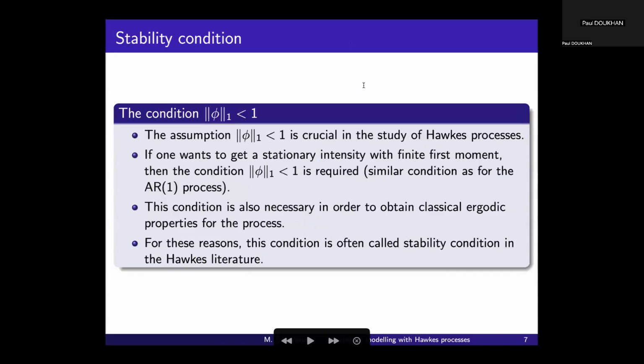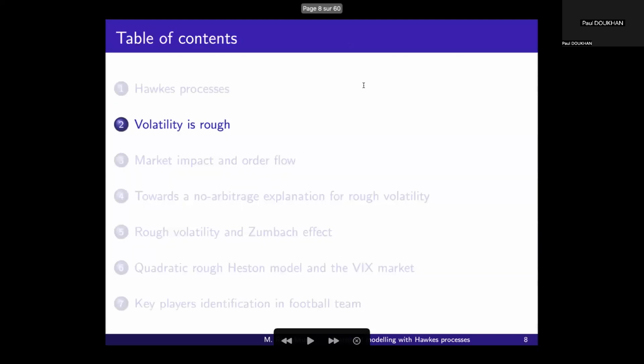Right. Coming back to this condition, the L1 norm of phi, it's a super important condition when you study Hawkes processes. I told you why: it's the condition that guarantees ergodicity. But in the literature it's called the stability condition, and it has also been used for something else.